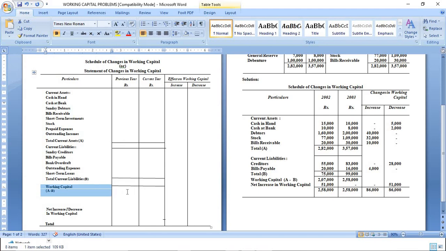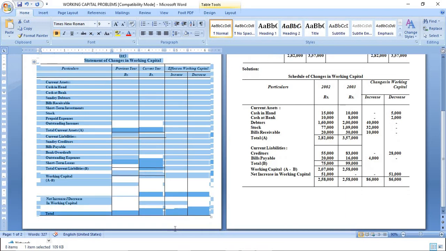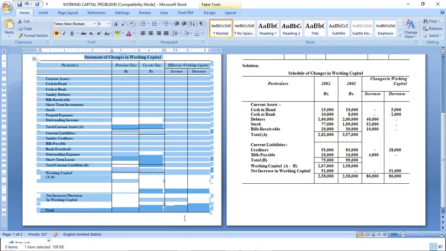Then lastly, you have to total all the things in the above-mentioned columns. So this is the format of working capital. I hope you understand till this time.